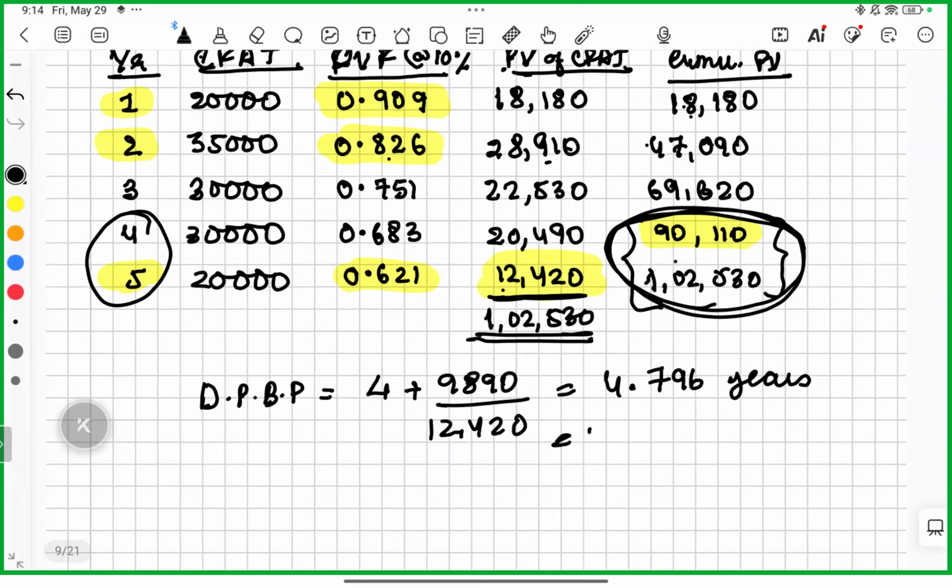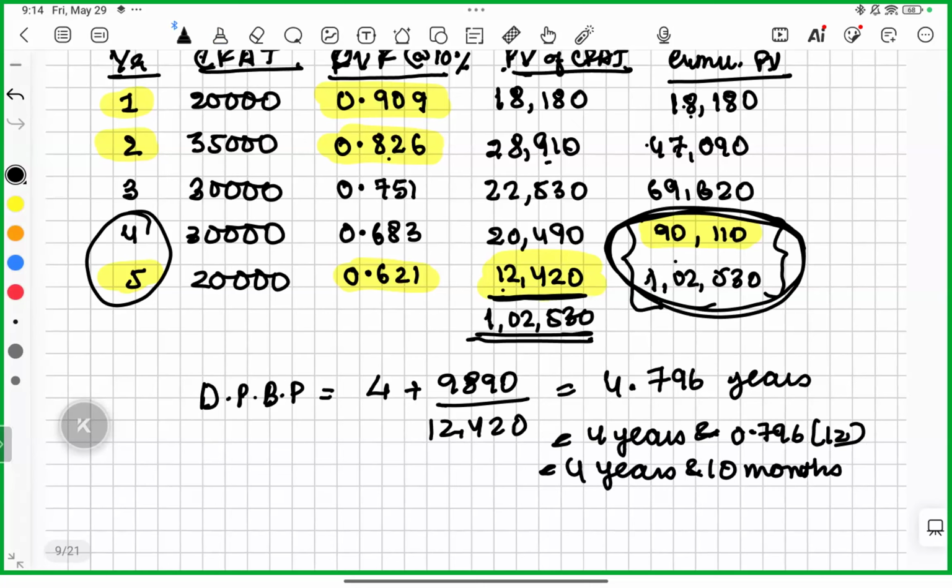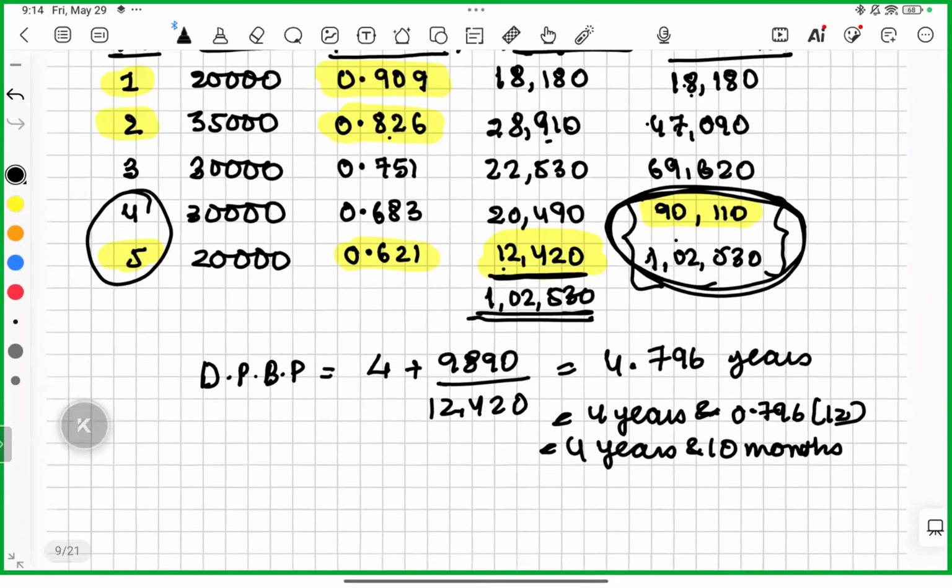You can also write this as 4 years and 0.796 into 12, which is 4 years and approximately 10 months. Okay. You can leave your answer at 4.796. That is also fine.